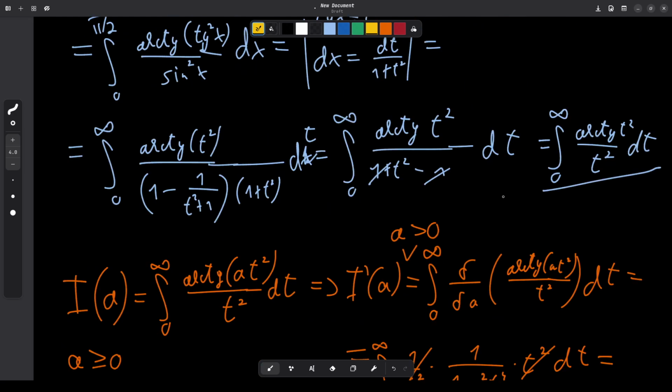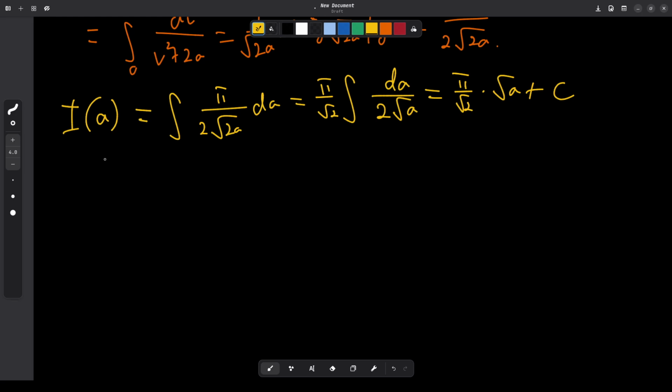Well, let's check. If we were to plug in 0 instead of a, what you would get is undoubtedly 0 over t squared, which is 0. As if you're evaluating from 0 to infinity 0 dt, well, that's just 0. So basically, I of 0 equals 0, which I guess implies that 0 plus c equals 0, which is the same as saying c equals 0.